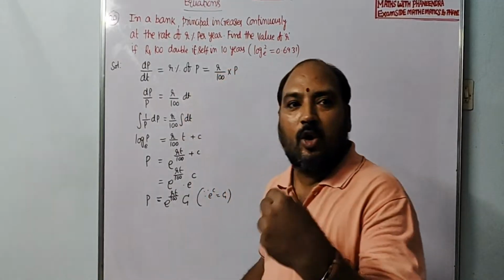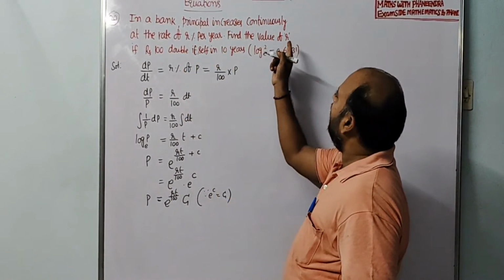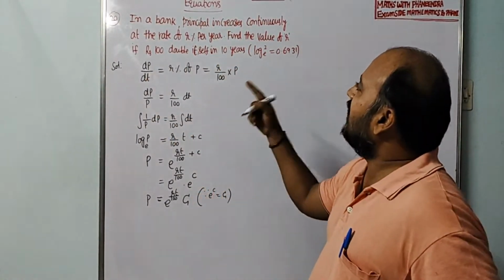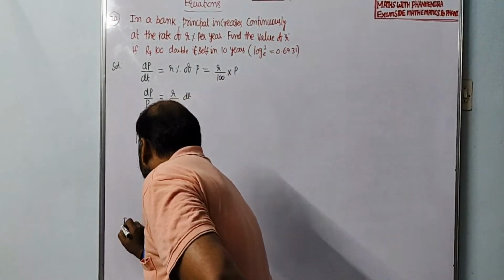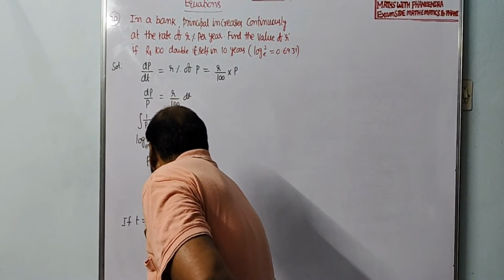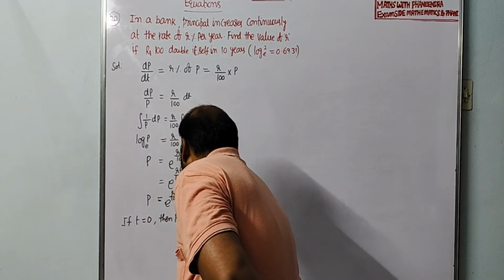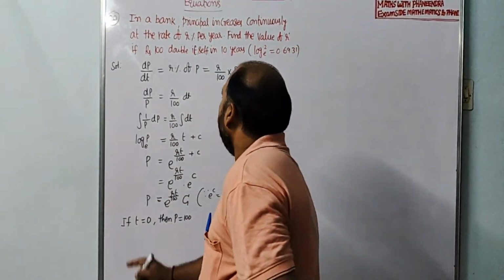Now conditions you have to apply. Find the value of R if 100 rupees double itself in 10 years. First, the initial year we can take. If time is 0, then principal amount P is 100.